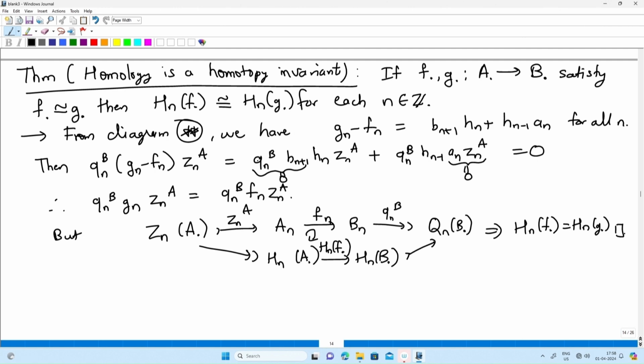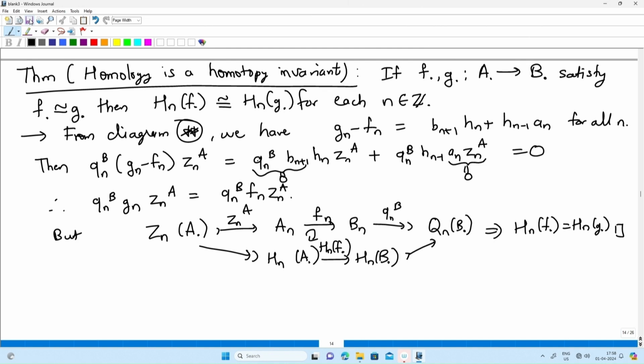In homological algebra, it is very important to play with these concepts, with these diagrams. Without that, you won't be able to appreciate what's really happening. So this diagram commuting is the only reason that we don't need to worry about it. This is a very sleek proof.